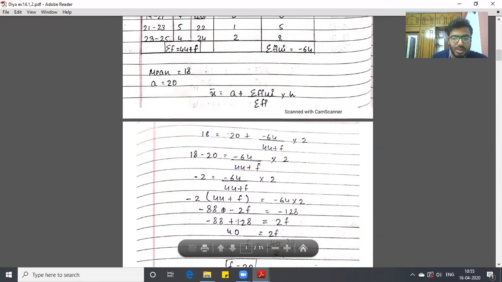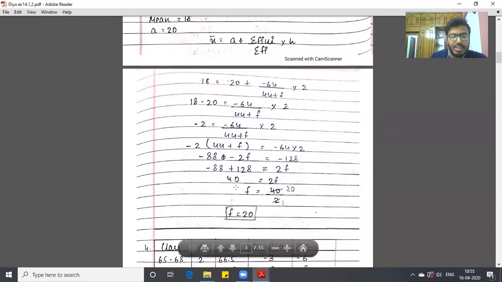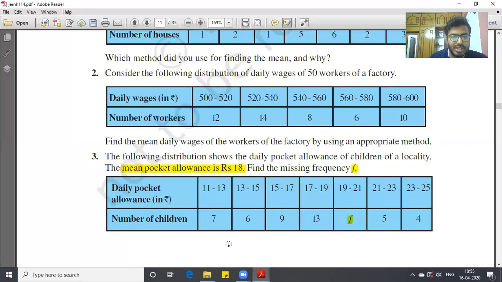Okay, so now the next is -88 plus 128, that is 40 equal to 2f. F is equal to what, 2 नीचे जाएगा, तो 40 upon 2 is equal to 20. So f value we got as 20. Hope many of you have got it, f value as 20. So this is how we are finding the missing frequency. Okay, now we'll go into the next question.